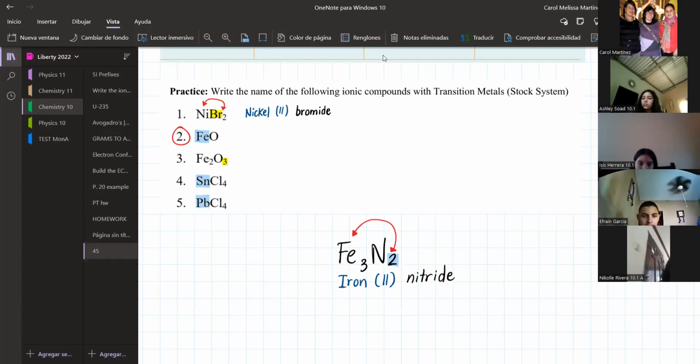This 3 is coming from iron. Therefore, this is not just iron. This is gonna be iron 3. And then my anion, oxygen, becomes oxide. Remember that oxygen is a special root that is just ox and then ide because it's a binary compound.